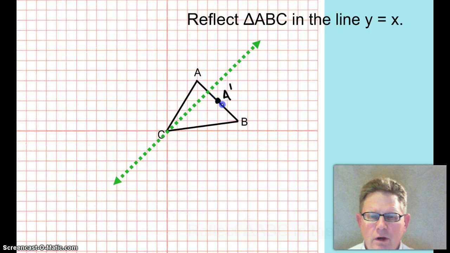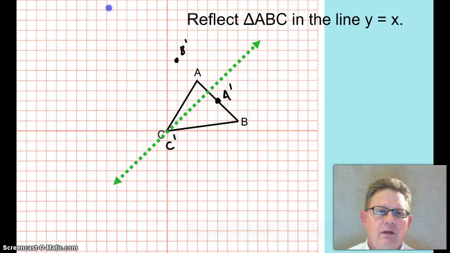B prime is 1, 2, 3 diagonals away. B prime is right there, and since C is right on the line of reflection, C prime will be on the line of reflection.